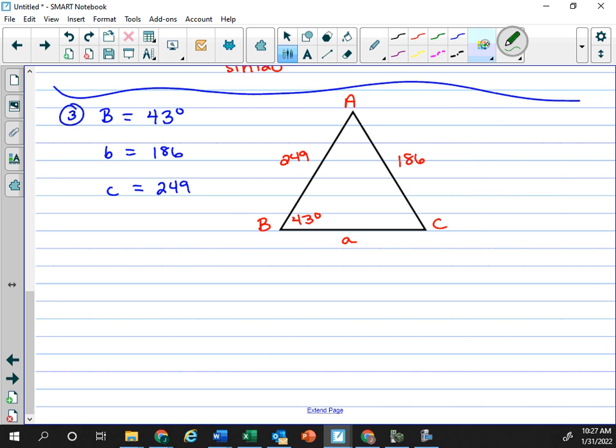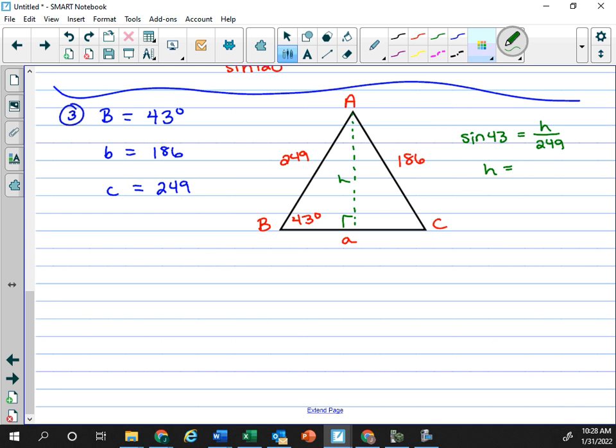Okay, let's find the height, guys. So I would use SOHCAHTOA here to find it. Sine of 43 is going to equal h over 249.